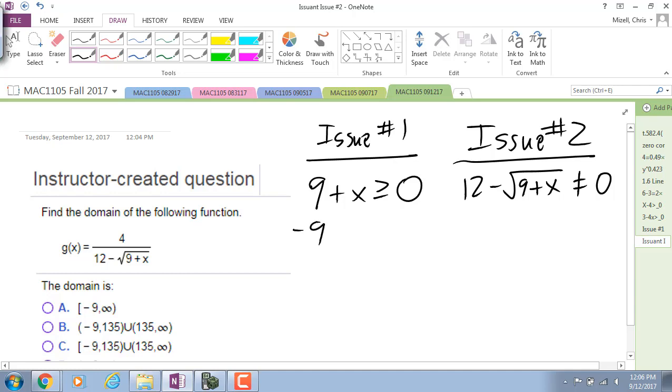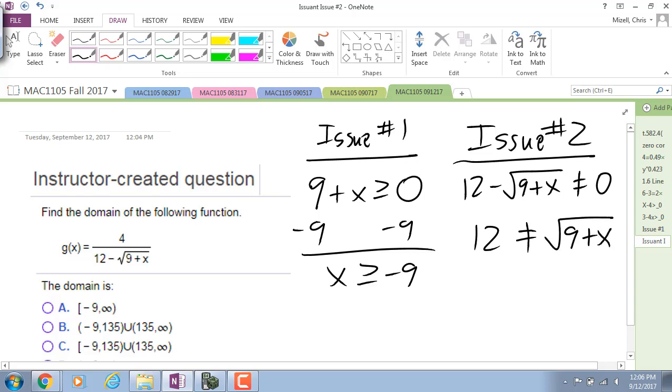Issue number 1, subtract 9 from both sides. x has to be greater than or equal to negative 9. The other one, if we add the radical to both sides, it means whatever the square root of 9 plus x ends up being, it better not be 12, because we're going to subtract it from 12, and we don't want to get 0. So that wouldn't be good.